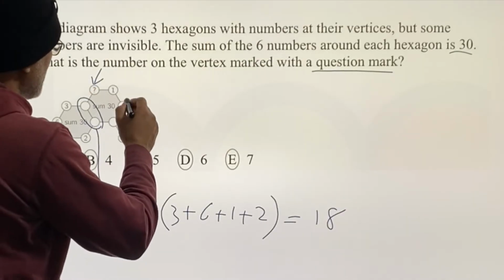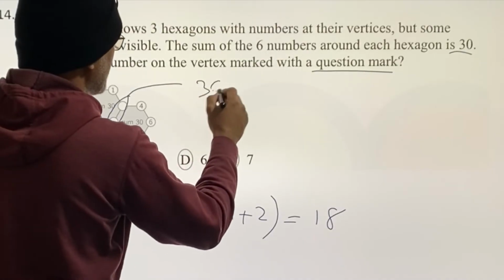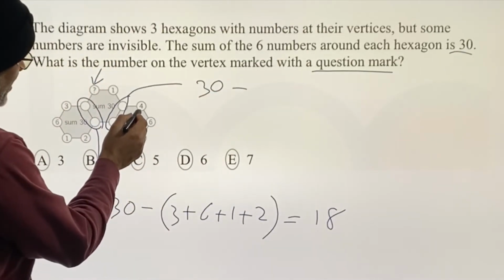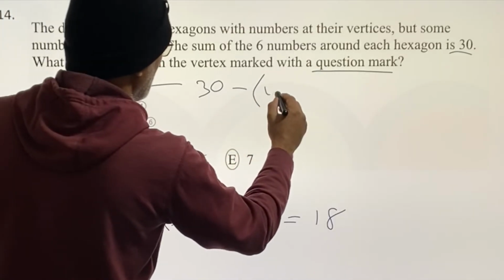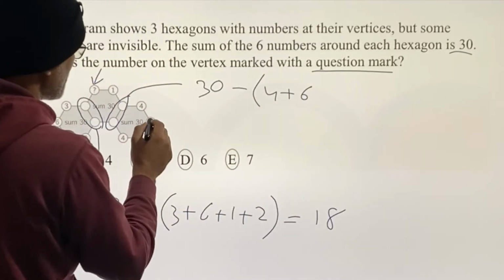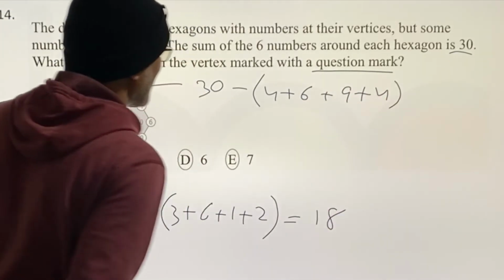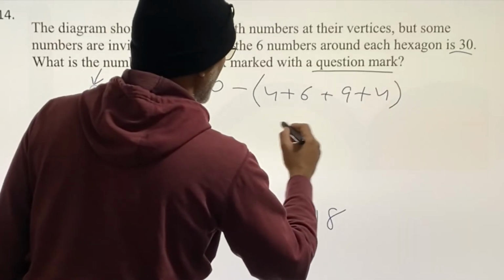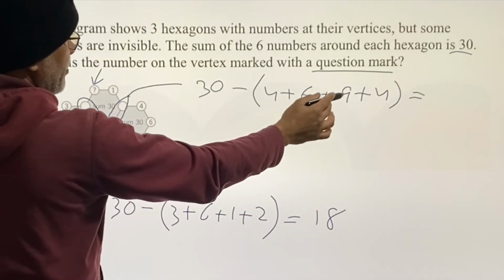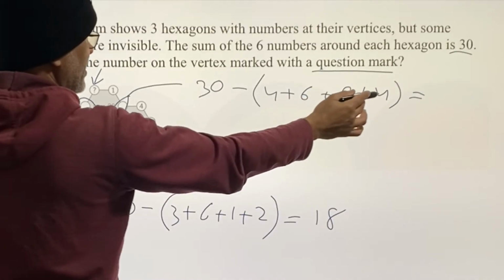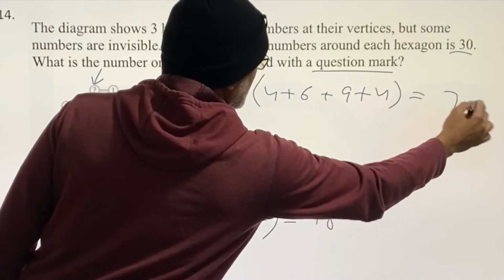Similarly, what will be the sum of these two numbers? Again, that is 30 minus, taking this hexagon now, 4 plus 6 plus 9 plus 4. 4 plus 6 is 10 plus 9 is 19 plus 4 is 23. 30 minus 23 is 7.